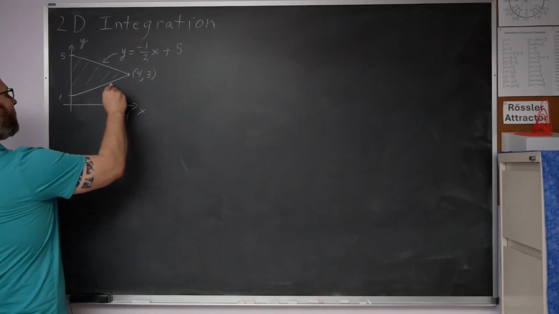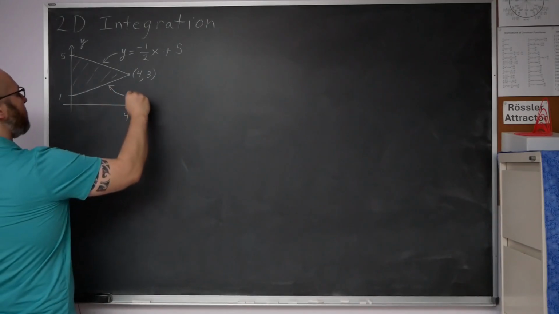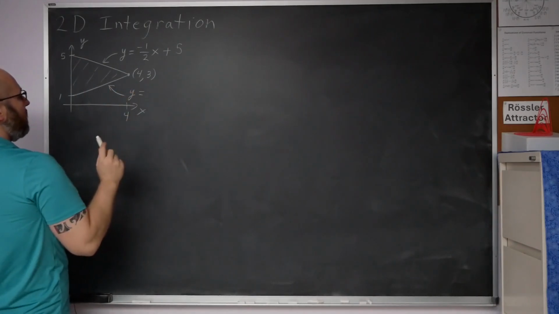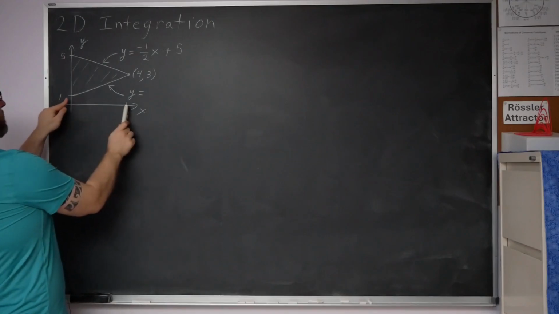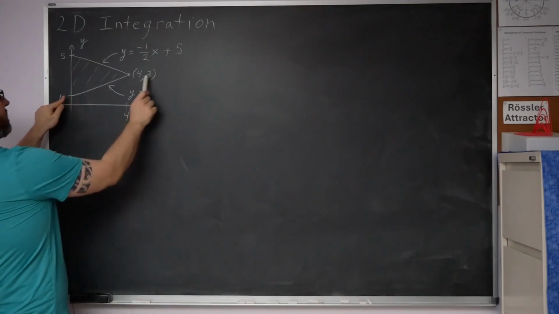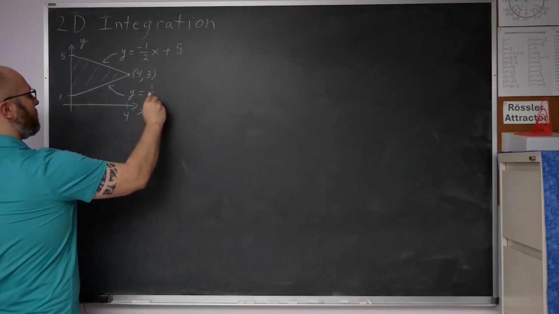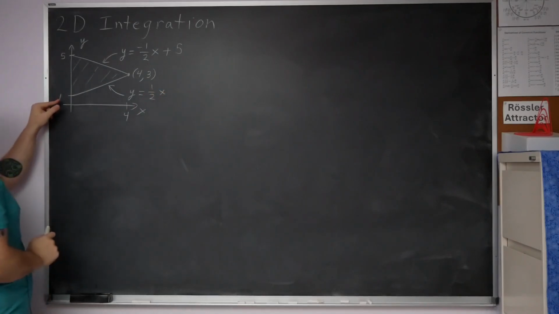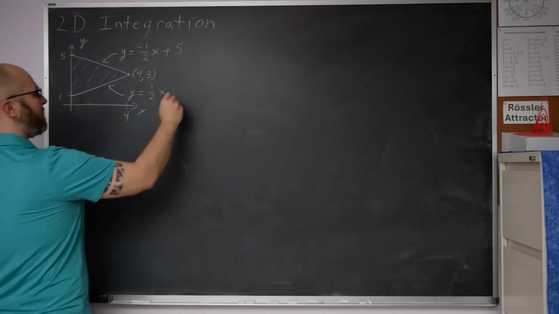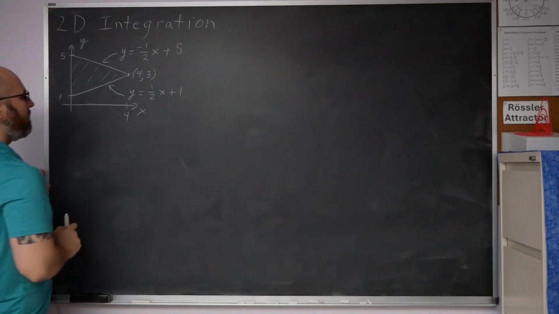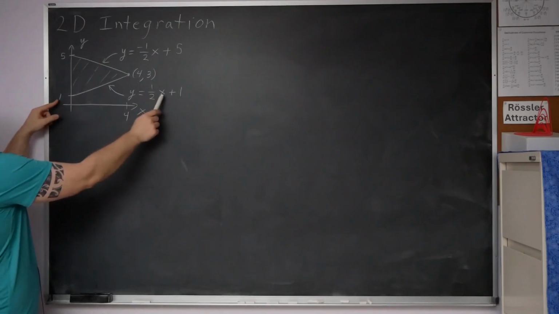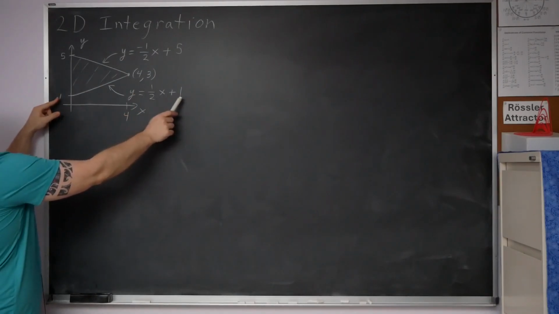Next one, y equals. This one I go 4 units over and go up from 1 to 3, so that's a positive 1/2 slope, and my y-intercept is 1, so plus 1. Let me just double check that works. If x is 0, y is 1, yeah, that works.